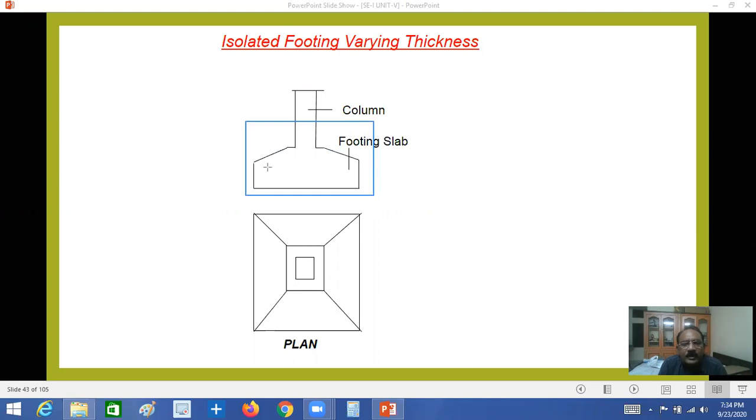The footing has varying thickness because the moment will vary from here to here. That's why here the moment will be less, and here the moment will be more. That's why at this section thickness will be more and it decreases. It's just like cantilever design. How is cantilever design? You know very well.